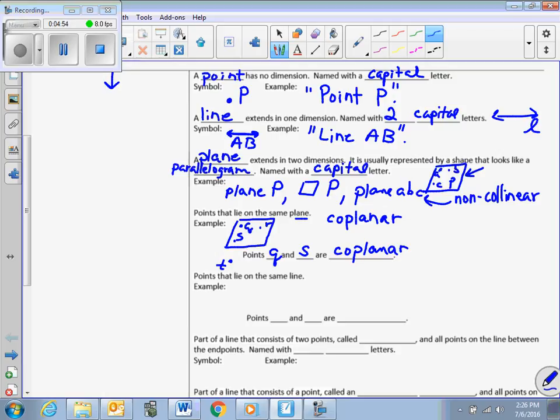And what else would Q and S have to be? They would have to be on the same line, which is collinear. All right, if I pick any 2 points on that plane, then they will also be collinear.